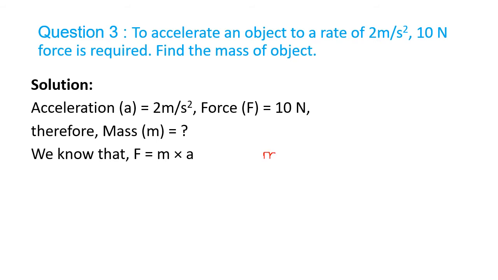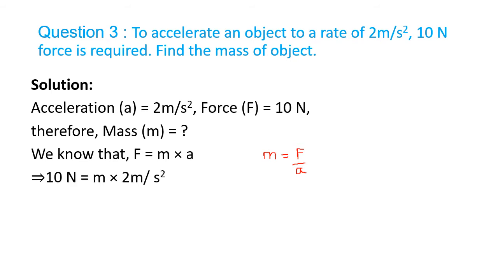m equal to F upon a. The a which is in multiplication on the right side goes into division on the left side. So you have to divide the force by the acceleration.